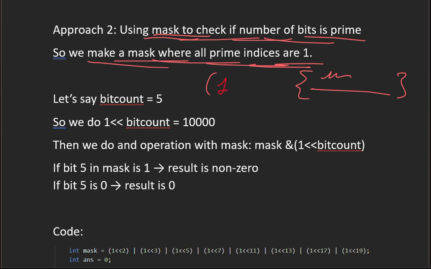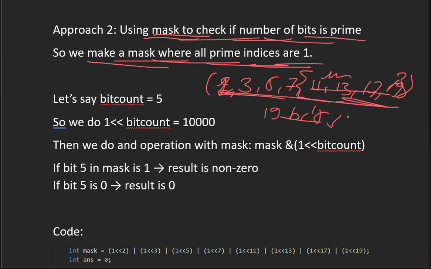We know the prime numbers are 2, 3, 5, 7, 11, 13, 17, 19. So we take a mask of 19 bits, and we mark these indexes as 1 and all the rest indexes are 0.